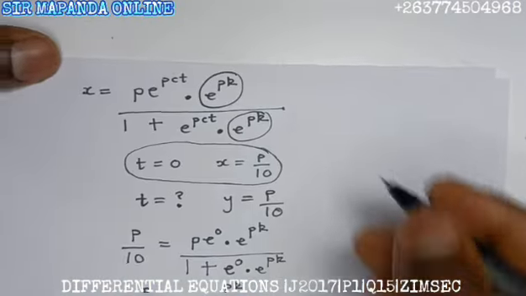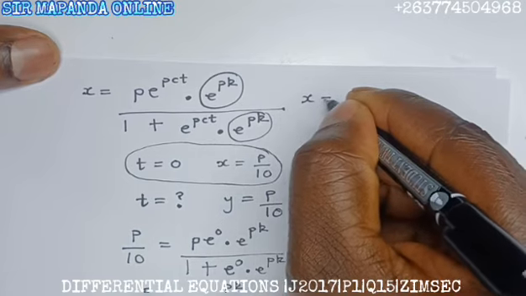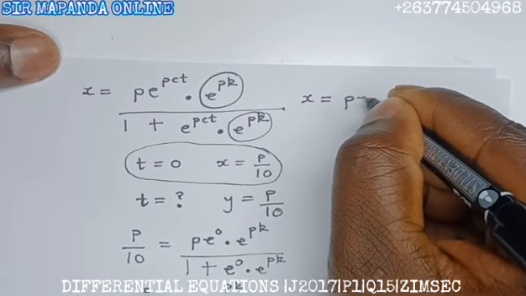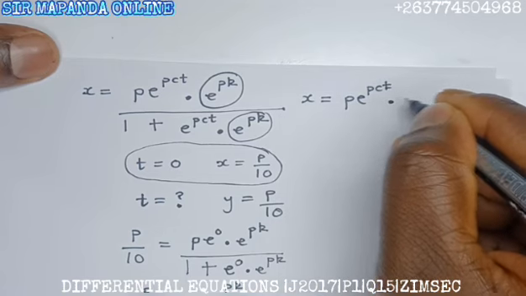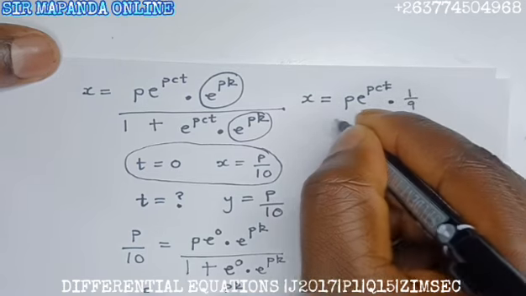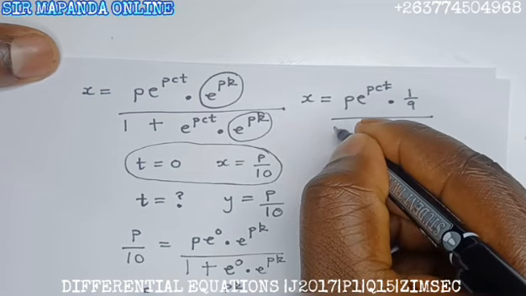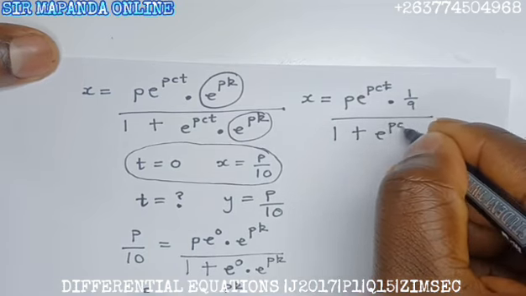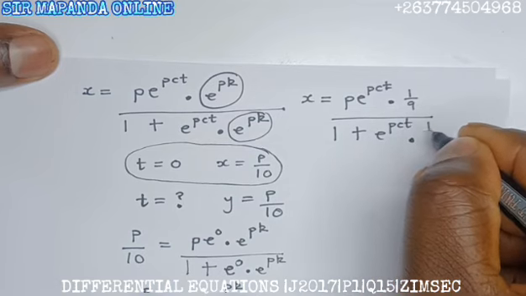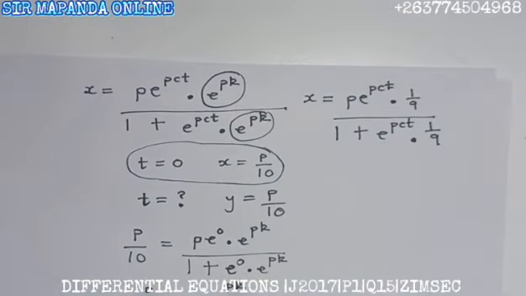You now have x is equal to p e to the power of pct dot product 1 over 9 divided by 1 plus e to the power of pct dot product 1 over 9.